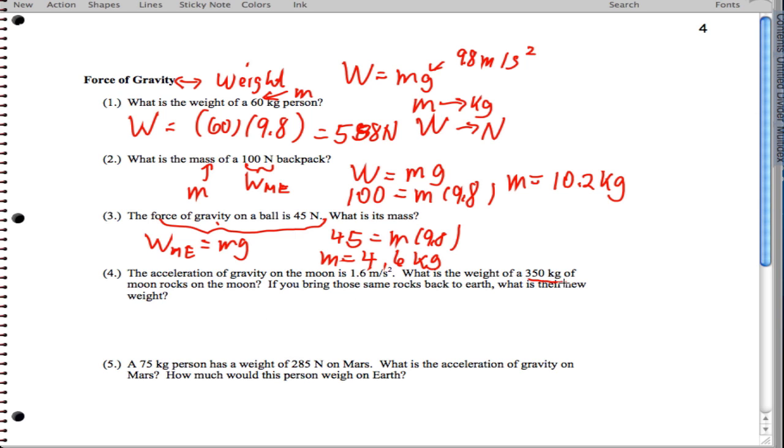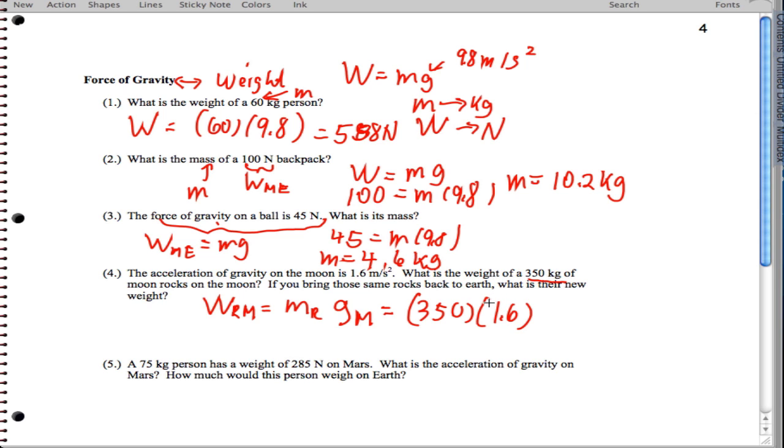We want to know what the weight of 350 kilogram rocks is on the moon. So weight of the rock due to the moon equals the mass of the rock times gravity on the moon. So that's going to be 350 times 1.6.